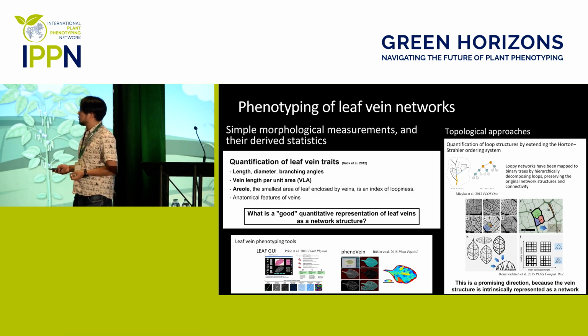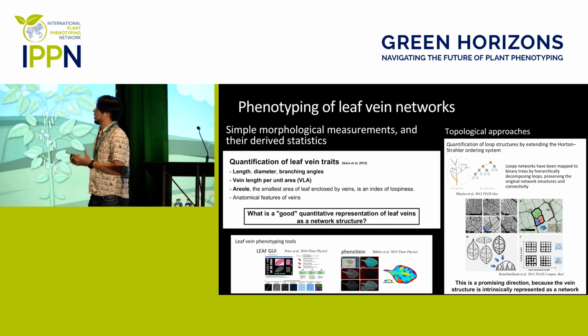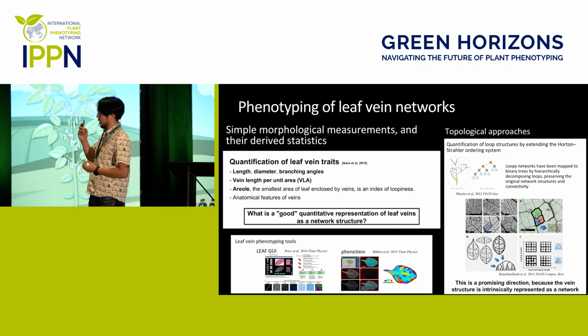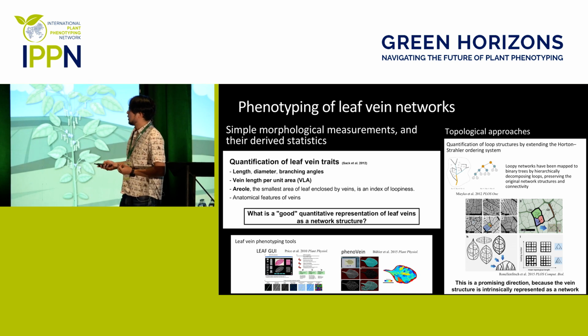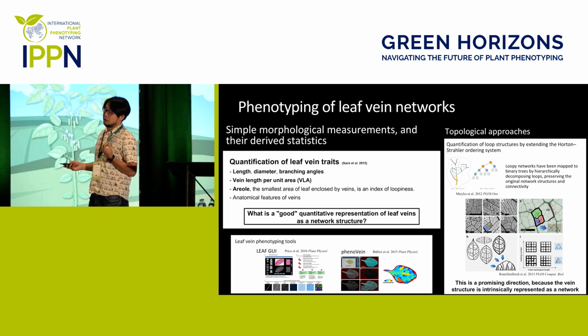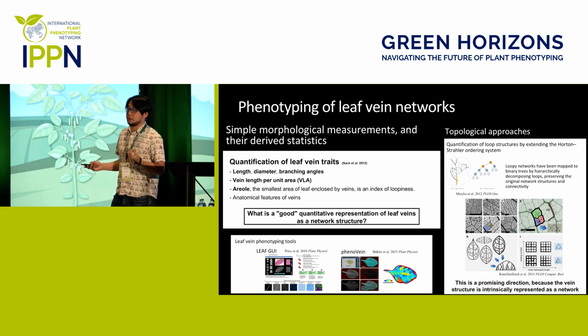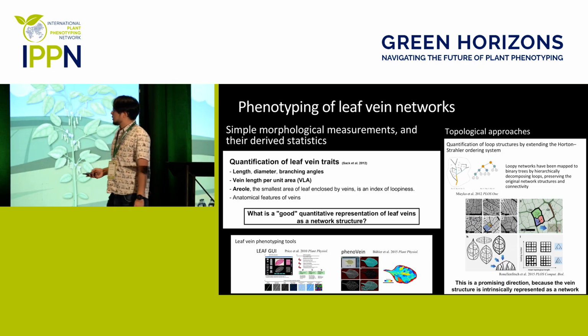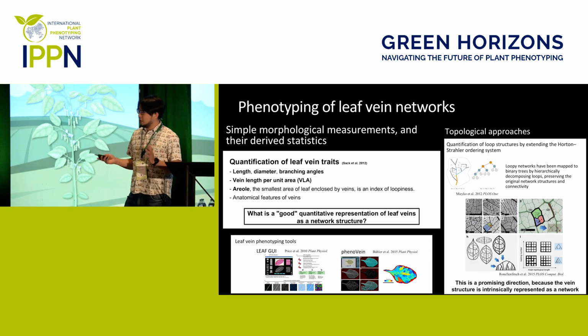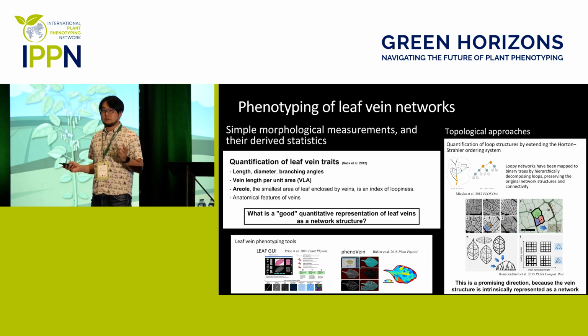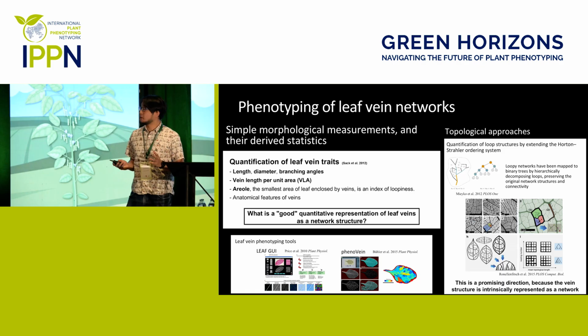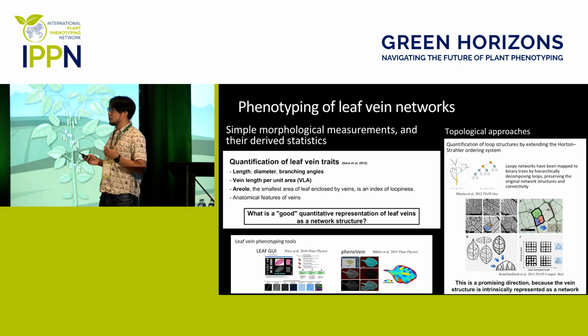Sometimes the areole, the smallest area enclosed by veins, is also used as an index of the degree of loopiness of the venation pattern. So is it enough? Are they enough for characterizing the whole venation pattern? I believe that we need another aspect.